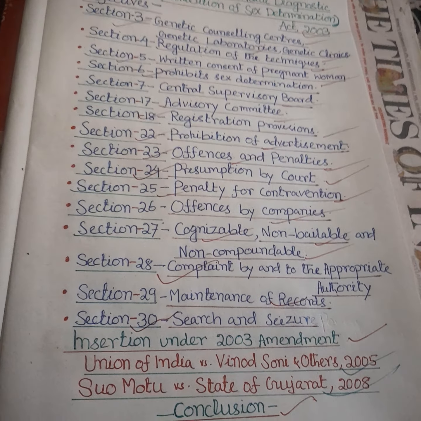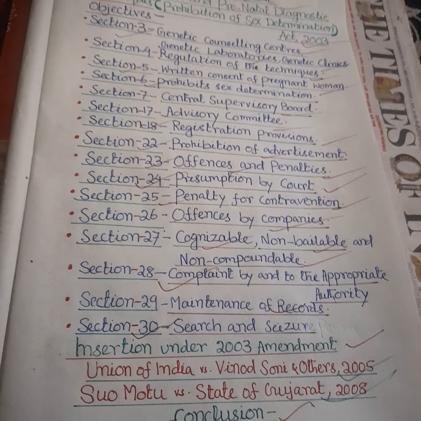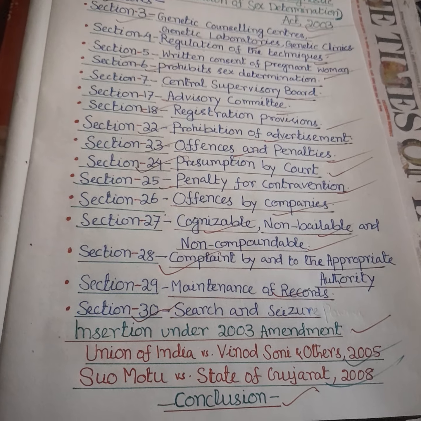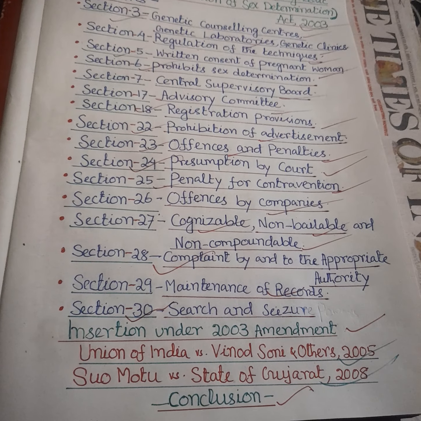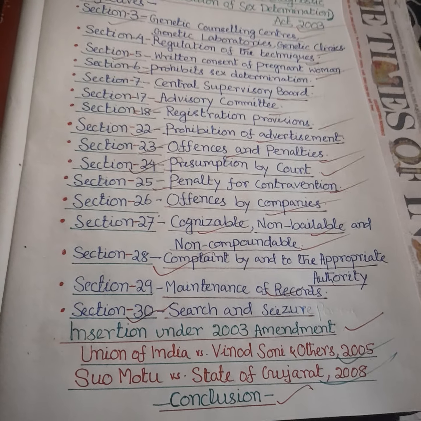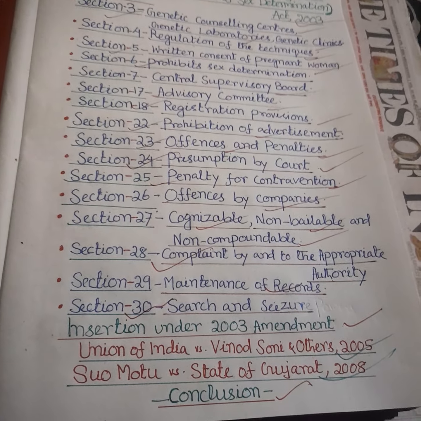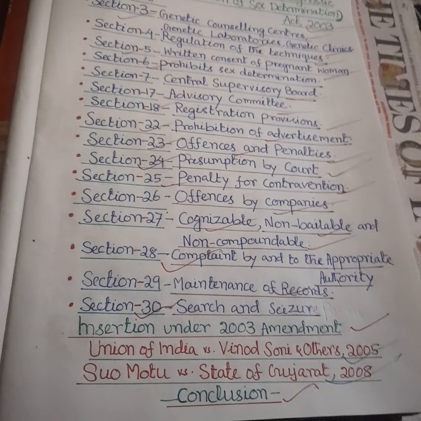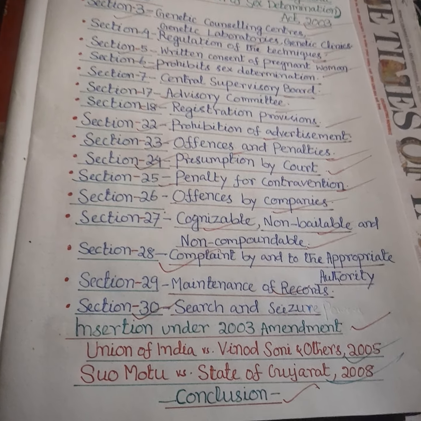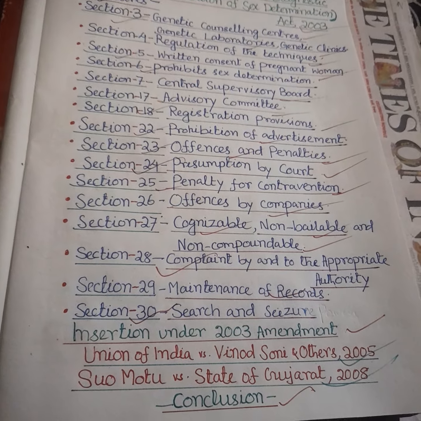So also the power of search and seizure. And in that connection we have discussed two important landmark judgments. One is Union of India versus Binaksoni and others, decided in 2005, and another judgment relating to the State of Gujarat, decided in 2008.